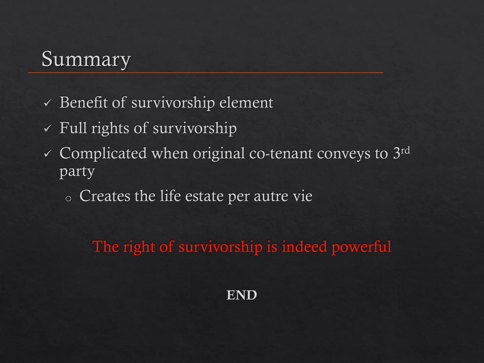The life estate with power to convey has a contingent remainder element in it as well. That doesn't come into play unless the original grantees pass away without having conveyed the property.